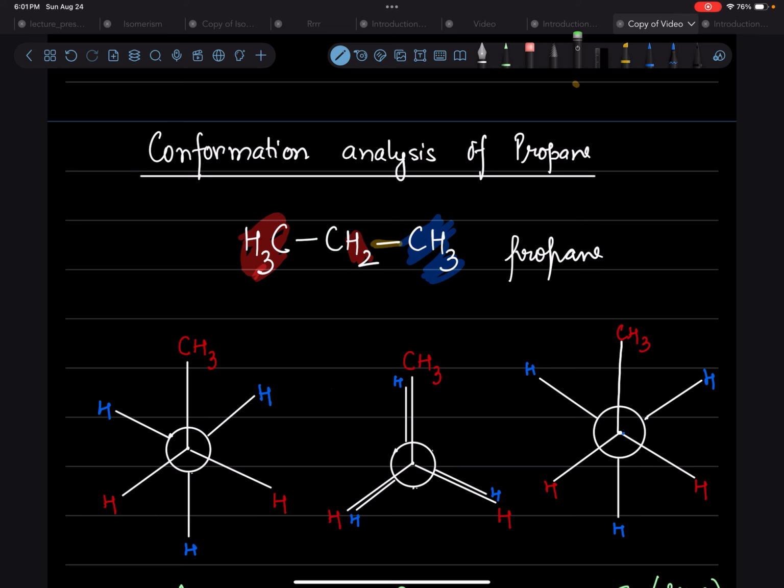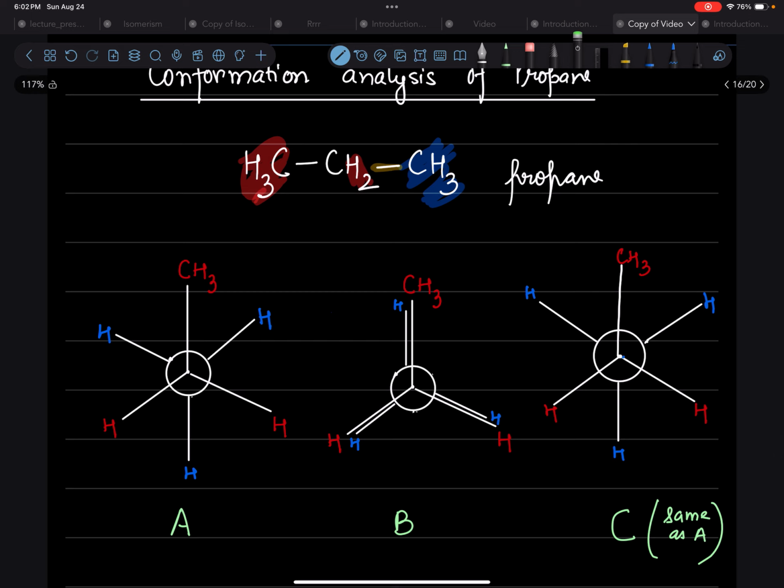And I have placed them as far apart as possible in this structure. You can start from anywhere, but I preferred when they are as far apart from each other as possible, because that is the state of lowest energy, since there would be no interactions, whether steric or torsional. So this conformation, which I have labeled as A, is the staggered conformation. Things are as far apart as possible, so this is of lower energy.